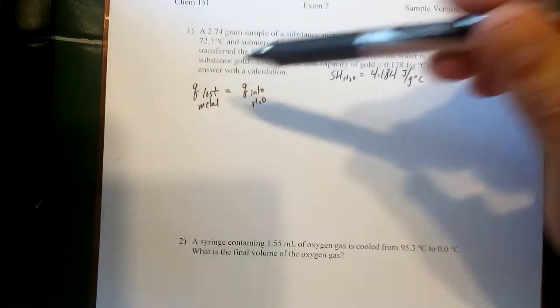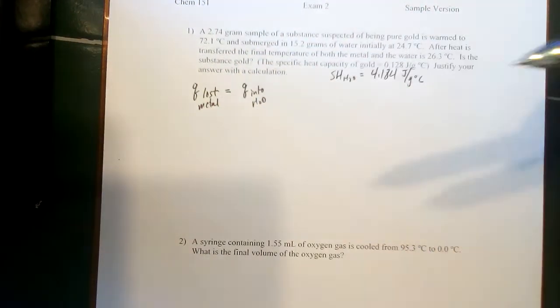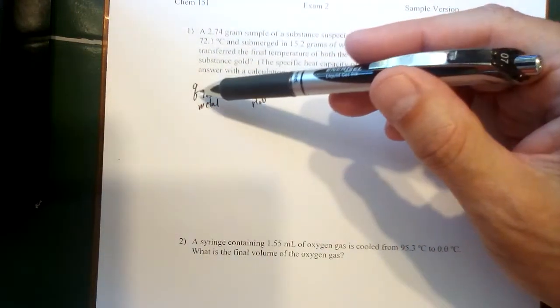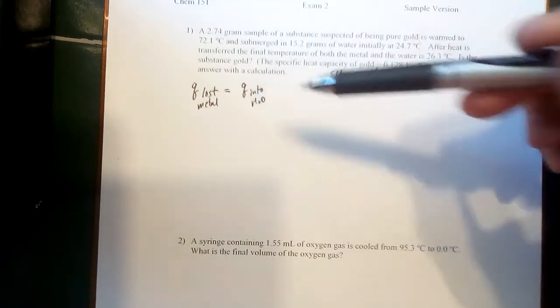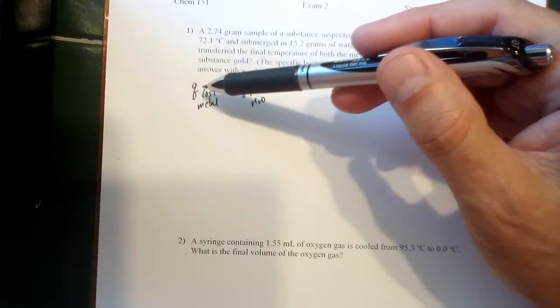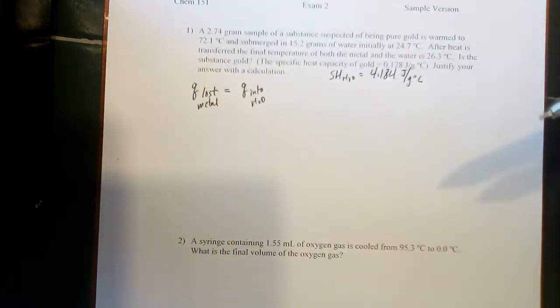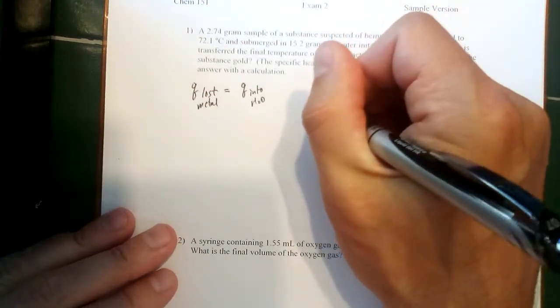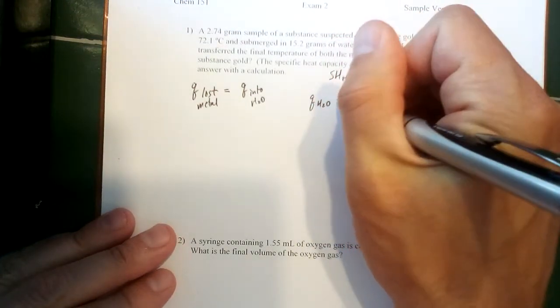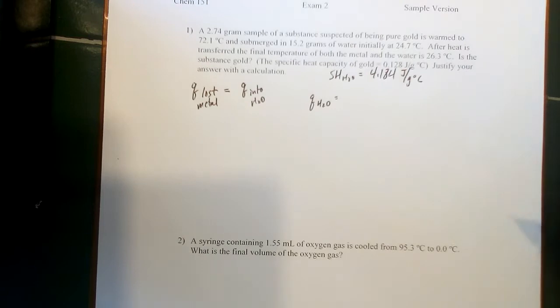What that means is if we can calculate one of these quantities, we then know what the other one is. So if we can calculate how much heat went into the water sample, we know how much heat came out of the metal, and that will help us determine the specific heat capacity of the metal.